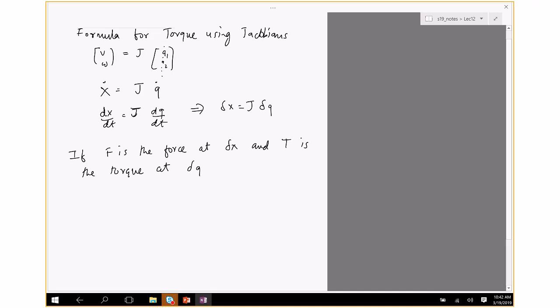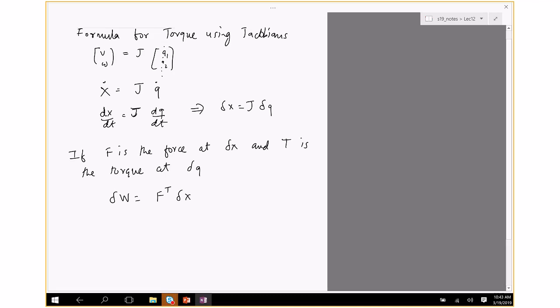Now I've been very specific here, but T could also be a force as long as this force acts at dq. So for a prismatic joint, it will be a force. For a rotary joint, it will be a torque. Then what I can do is write delta W, the net work done, is F transpose delta x. So what's the definition of work done?